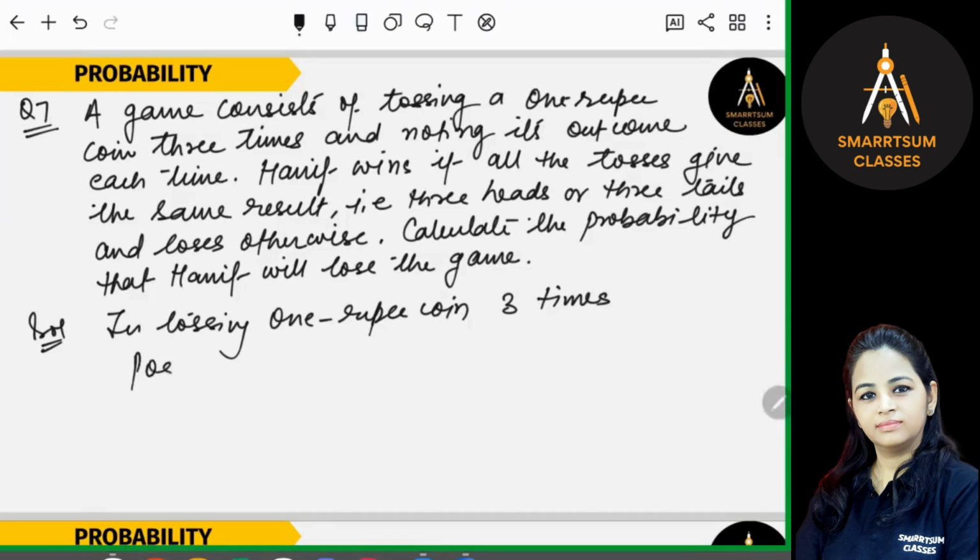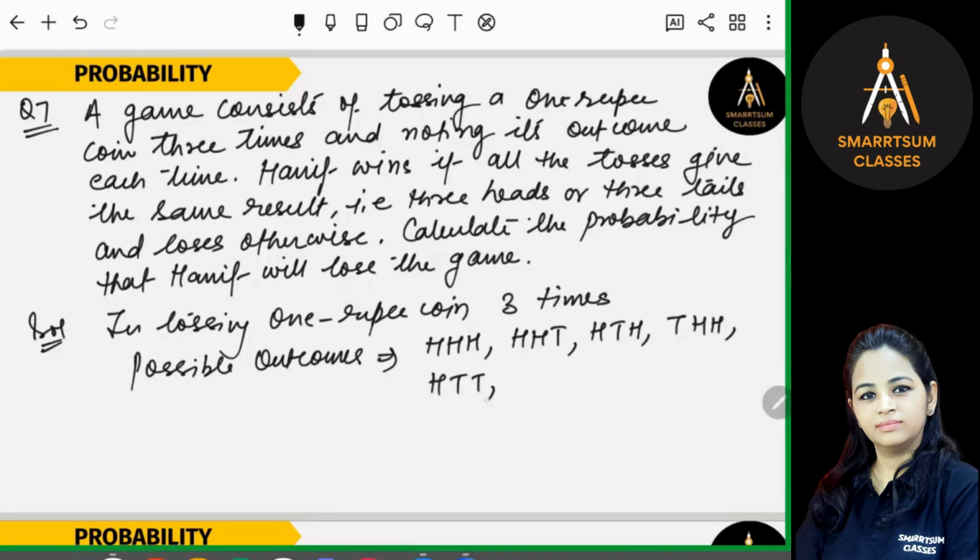They will be HHH, HHT, HTH, THH, HTT, THT, TTH, and TTT. So these are the possible outcomes when we toss a 1 rupee coin three times.